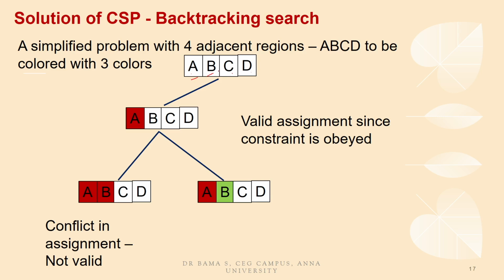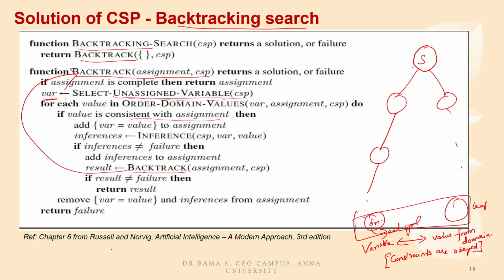Remember, first it is going to take the depth first route. In this place I can again color B red, but having A and B the same, no two adjacent regions should share the same color. So there is a conflict in this assignment, which corresponds to a failure.